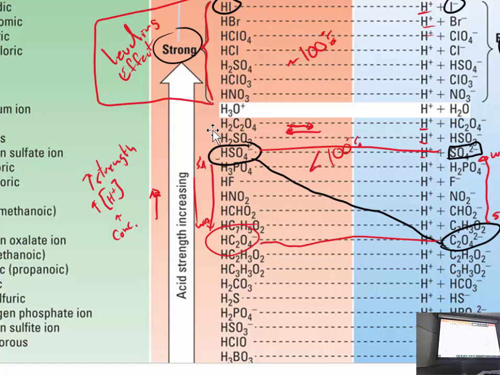However, let's try to get bisulfate to react with chloride here. Will it react? If we have bisulfate reacting with chloride, that means chloride gets the proton to form hydrochloric acid. Well, that's not good because in this case we're going from a weaker acid to a stronger acid. That's not favorable.